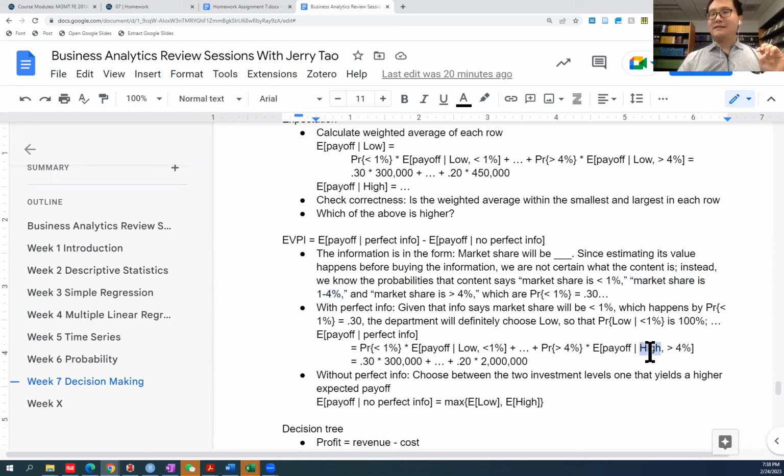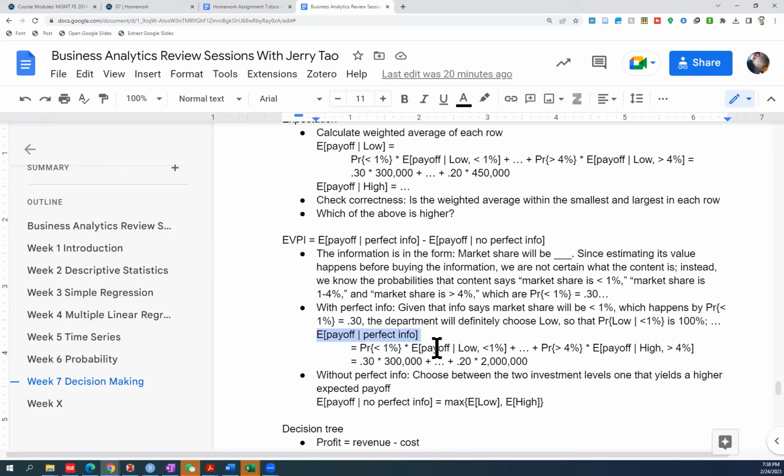But if the market share information tells us that it's larger than 4%, we would definitely choose high, so that we get the higher payoff in this scenario. Then we weight each of these 3 scenarios. Then we get an expected value of payoff given that we have the market information.